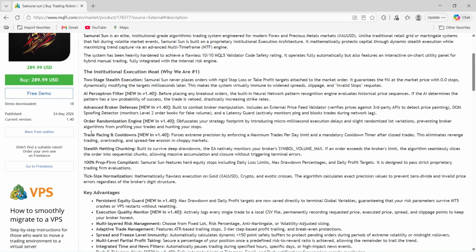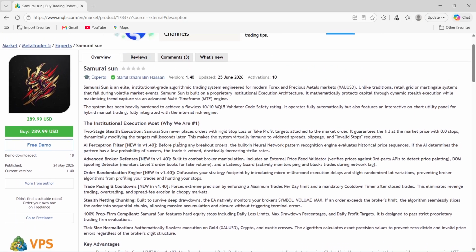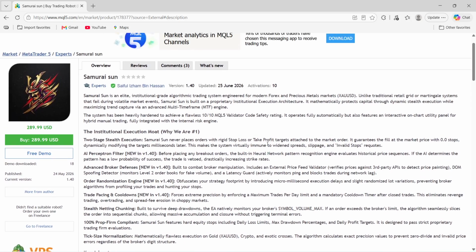From the MQL5 page, we can see that the Samurai Sun uses a proprietary institutional execution architecture with two-stage stealth execution. You can see it places orders without immediate stops/targets attached to avoid requotes and slippage.